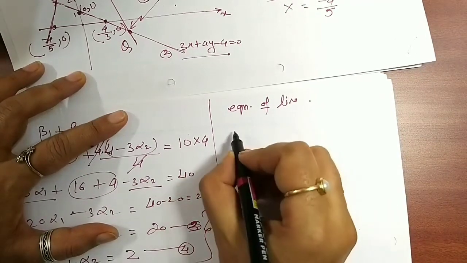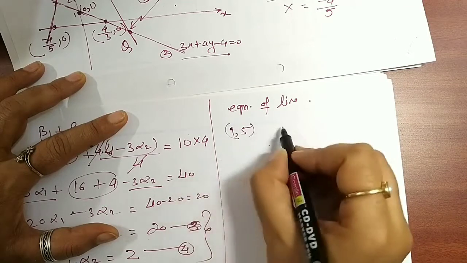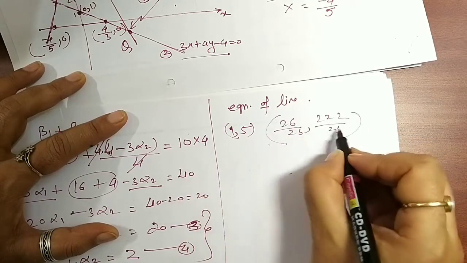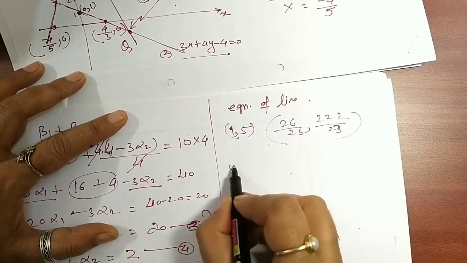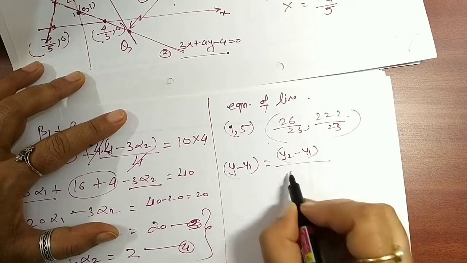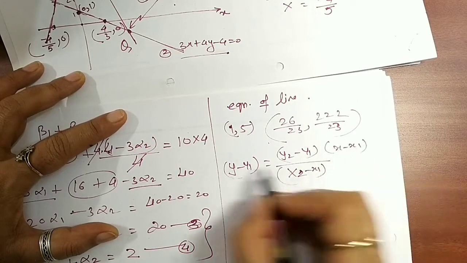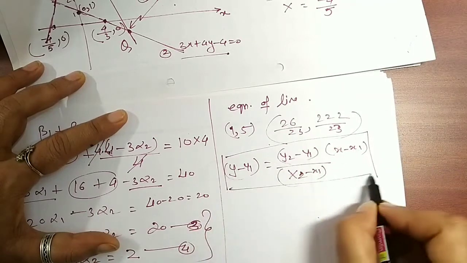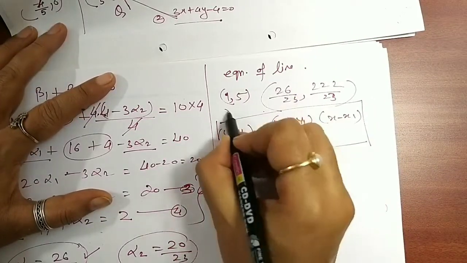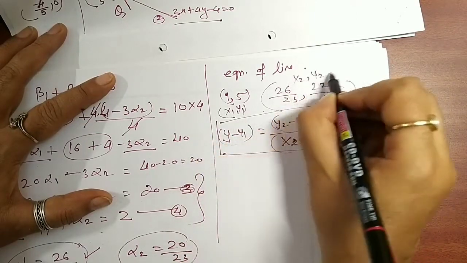If 2 points are given, 1, 5 and 26 by 23, 222 by 23, the equation is y minus y1 equals (y2 minus y1) by (x2 minus x1) times (x minus x1). Here you already know the values of x1, y1 and this is x2, y2.